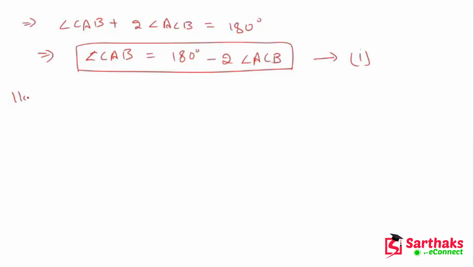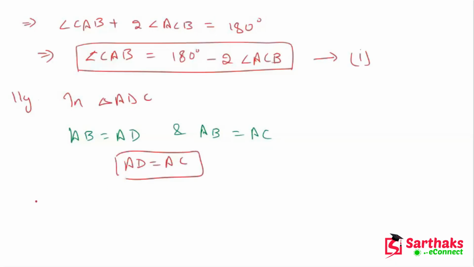Similarly in triangle ADC, we know that AB equals AD and AB equals AC also. So from this we can write AD equals AC. So angle ADC equals angle ACD.